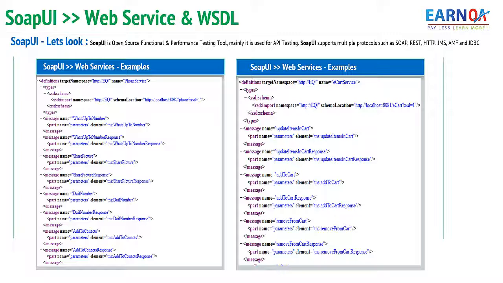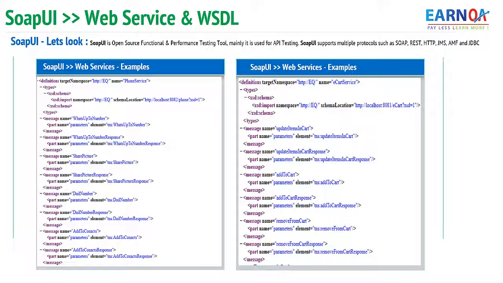The WSDL, Web Service Description Language, is a document which helps us view the service in detail. It helps us understand the different methods, functionalities, and approaches available in the service so that we can make use of them wherever and whenever it is needed.